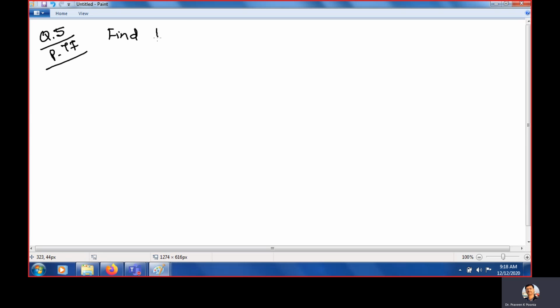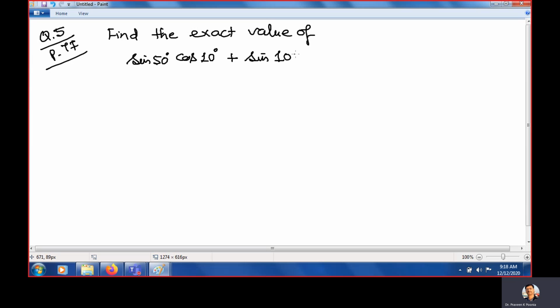Find the exact value of sin 50 degree cos 10 degree plus sin 10 degree cos 50 degree. If this type of question is given in your paper, how do you find it?